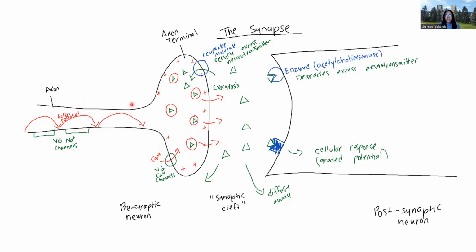So when the action potential arrives at the axon terminal, voltage-gated calcium channels open up. Calcium rushes into the axon terminal, and calcium is going to stimulate the exocytosis of these synaptic vesicles.